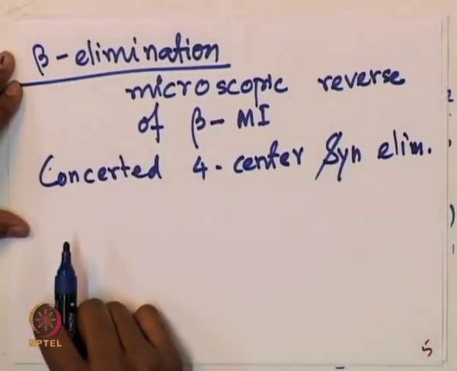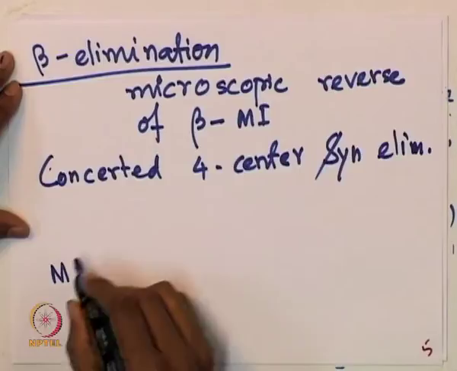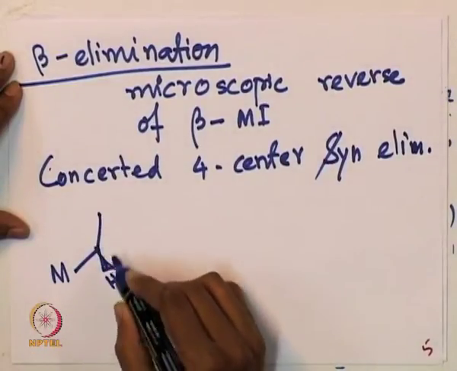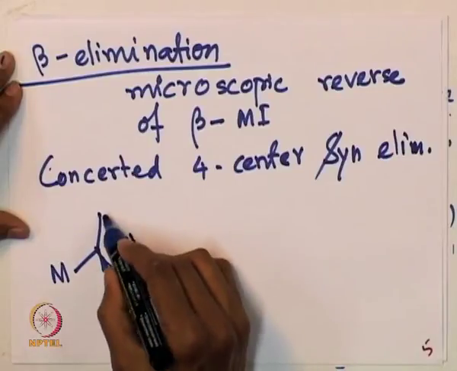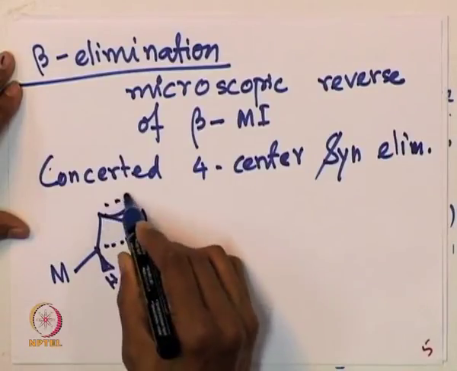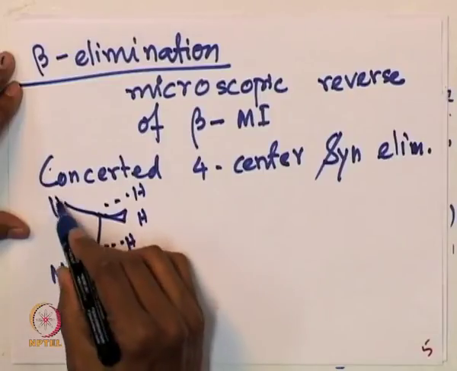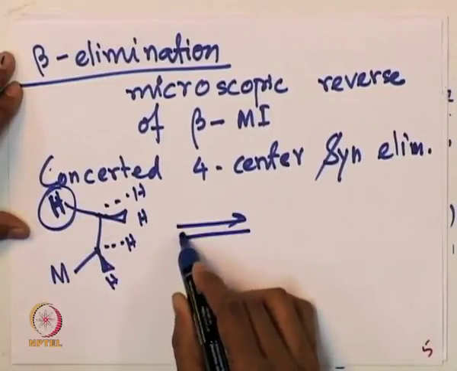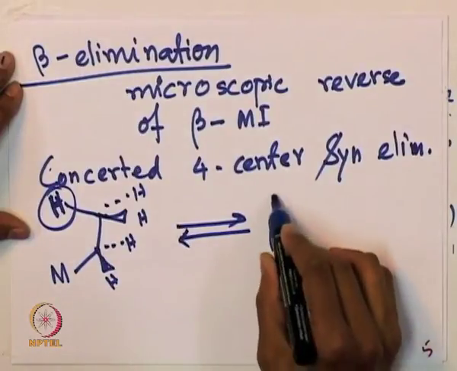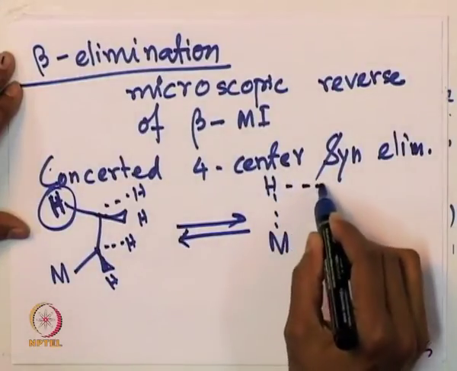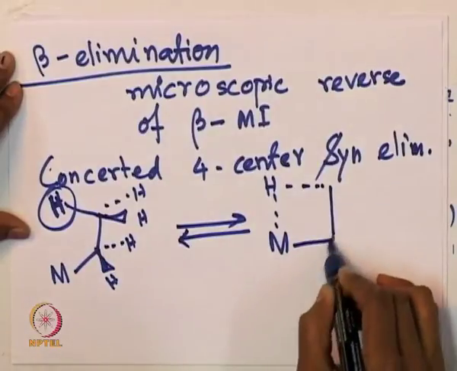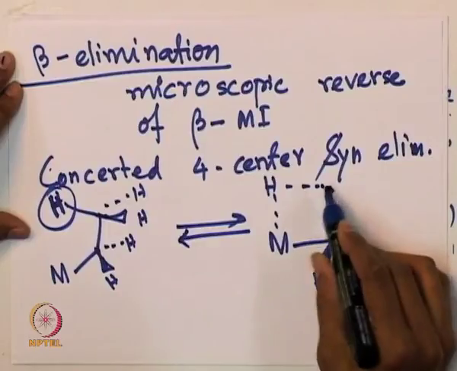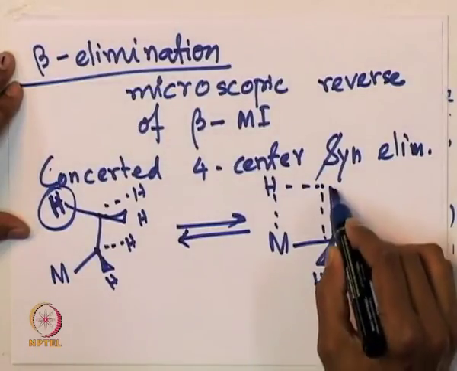Now, let me give you one example. It will be just the opposite of the beta migratory insertion that we were trying to discuss today. Let us say the product in this case, let us say you pick up this one, and as you know, it is going to be a reversible reaction, a 4-center reaction you can show very nicely over here, and that will give you the intermediate, where this is a nicely drawn 4-center intermediate.